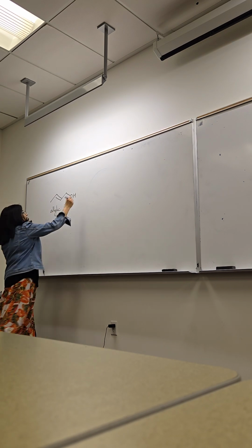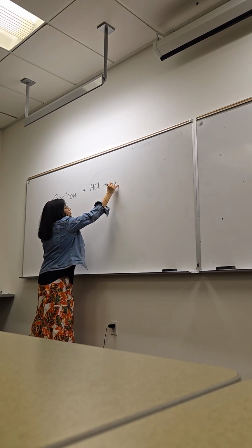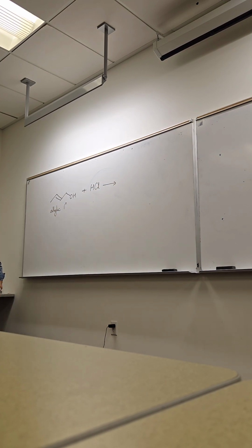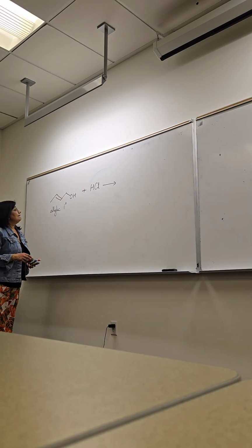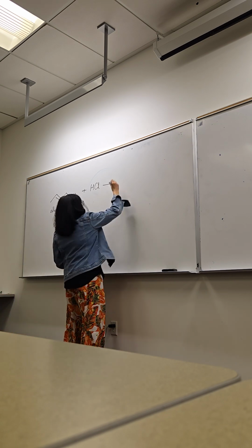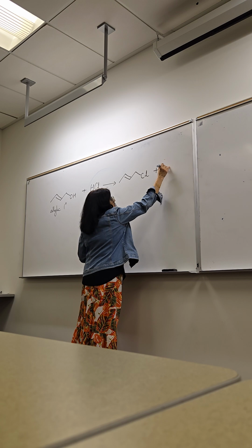Okay, so let's say this reacts with HCl. Can you tell me what the product would be? Just the product. We'll write the mechanism after. Cl will replace the OH, a substitution reaction, and H2O.